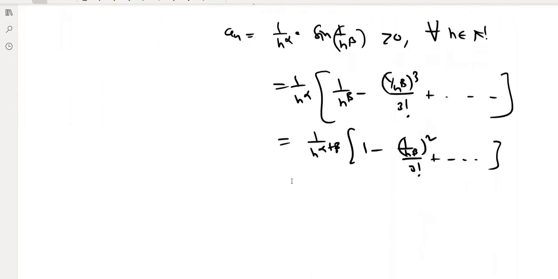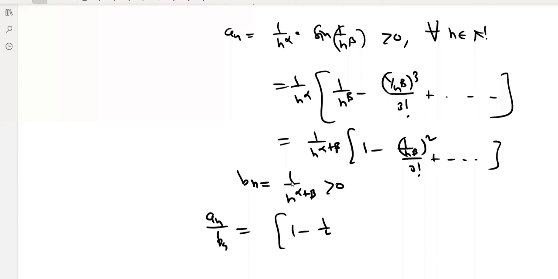Now you can choose bn. What is my bn? n power alpha plus 1 by n power alpha plus beta. So this is also a positive term series. Now look at the quotient. It is exactly 1 minus 1 by n power beta whole square by factorial 3, going on. This tends to 0 as n tends to infinity.